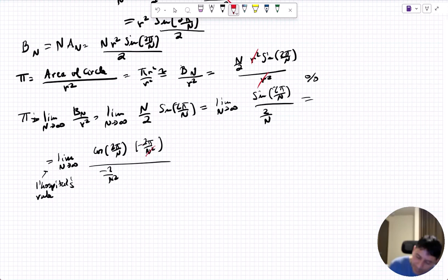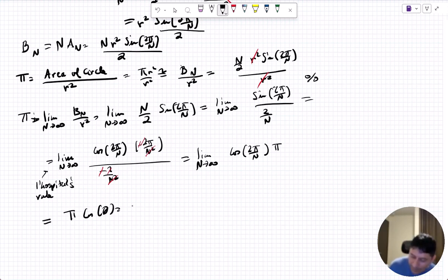So the n squares cancel, the 2's cancel, the minus cancels. So I end up getting the limit as capital N goes to infinity of cosine of 2 pi over n times pi. And that can be calculated easily, so it's going to be pi times cosine of 0, which is equal to pi.